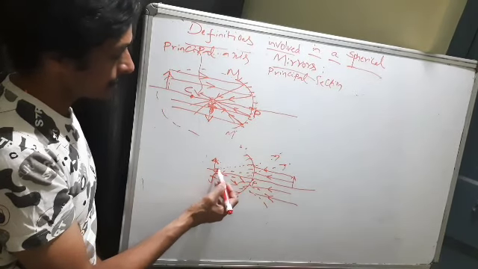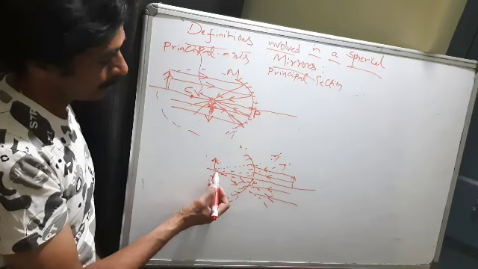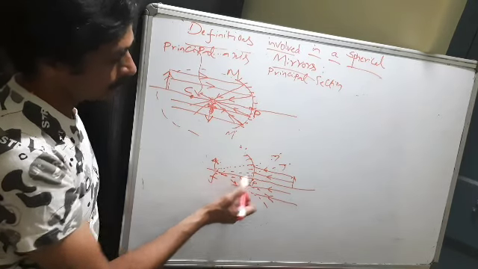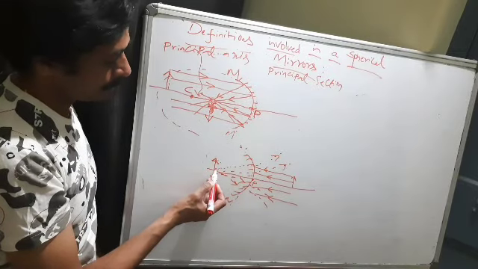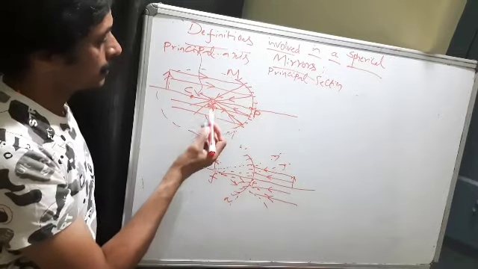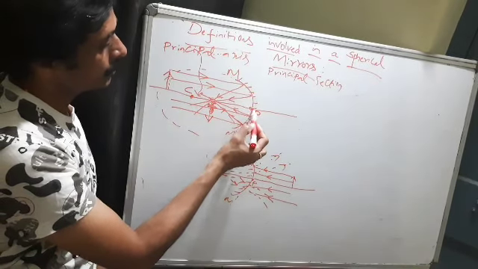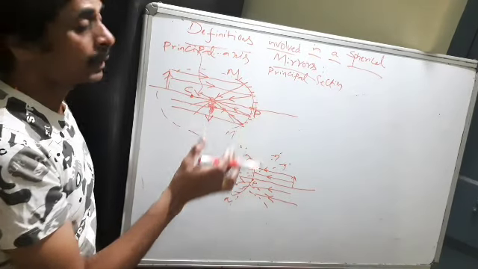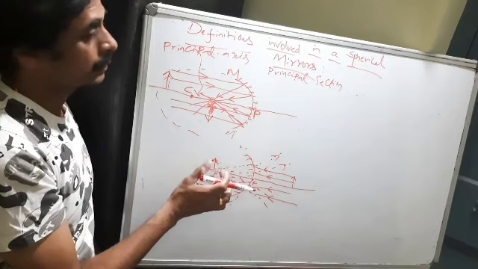In this case, at this particular point F, the rays of light tend to diverge from this focus point. And what do you mean by focal length? Last definition: the length from principal focus to the midpoint of the mirror. This length is called the focal length.